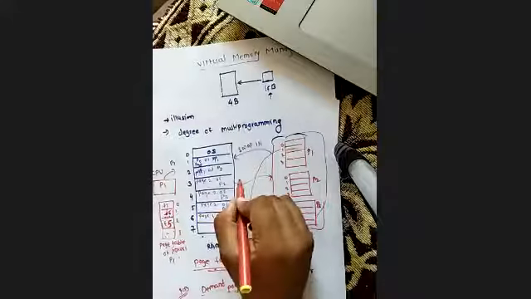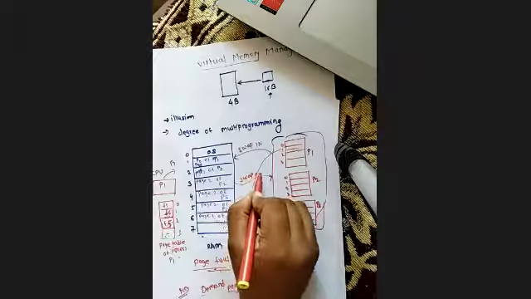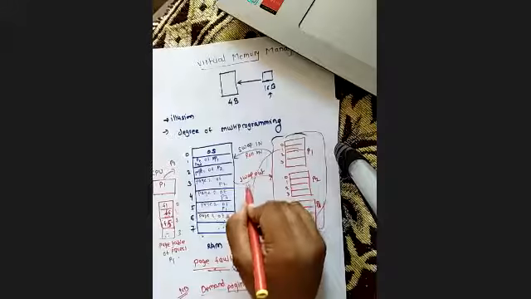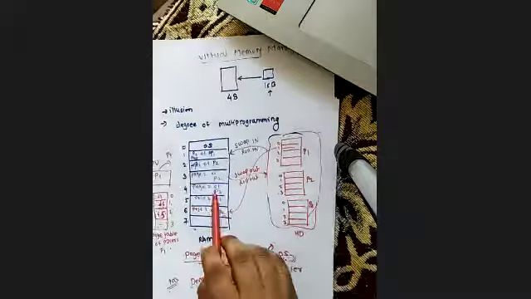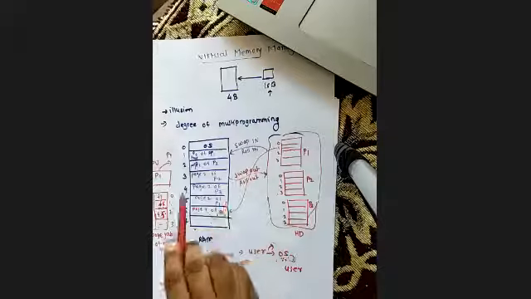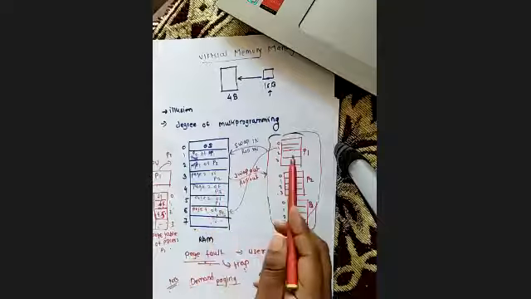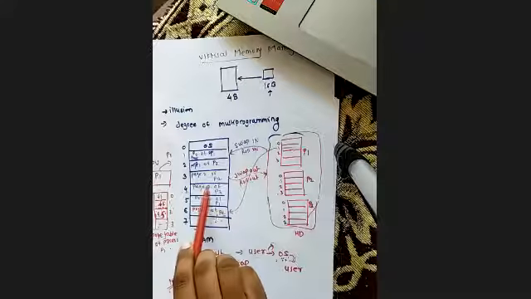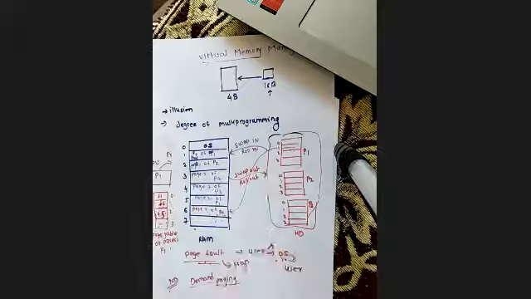This is called swap out. This is also called roll in, and this is called roll out. So if a frame is not available to swap in this process, then we swap out any one of the available pages from the RAM to the secondary memory again. This is called swap out.